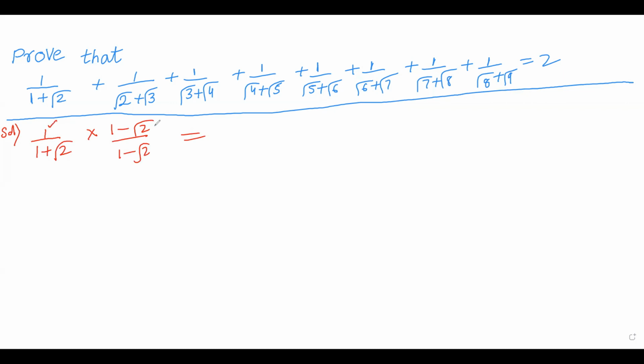Numerator into numerator, you will get 1 minus root 2 by denominator into denominator. So it is in the form of a plus b into a minus b. You can write a square minus b square. Square and root will get cancelled.